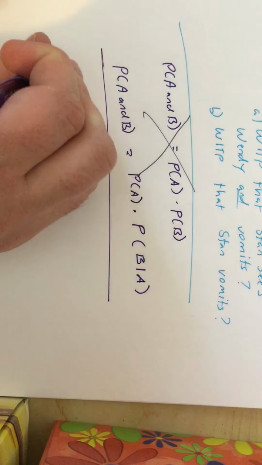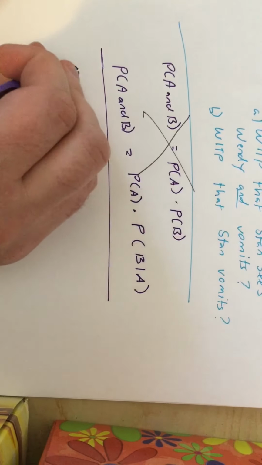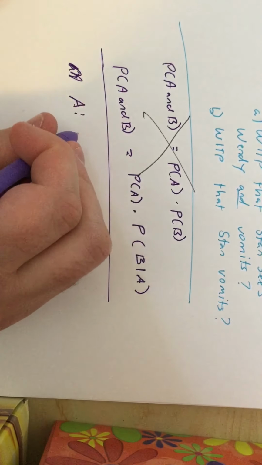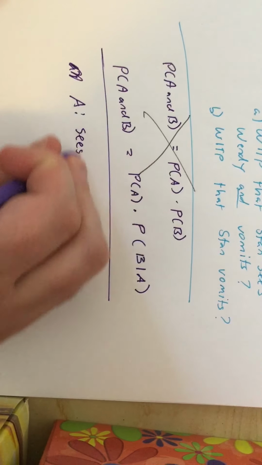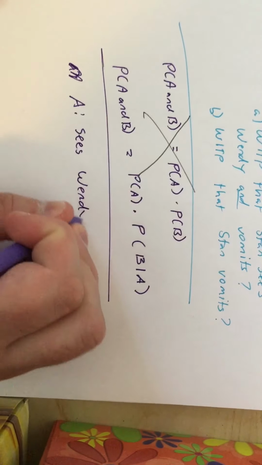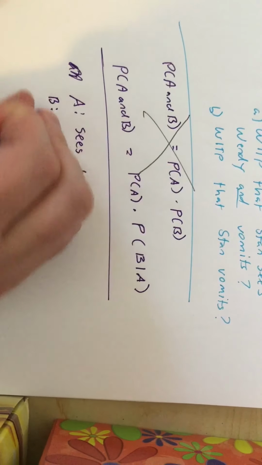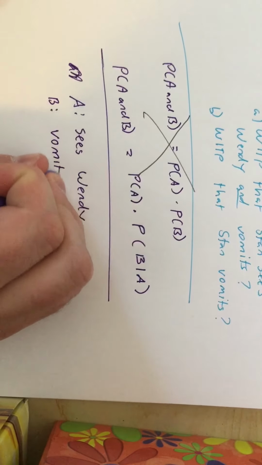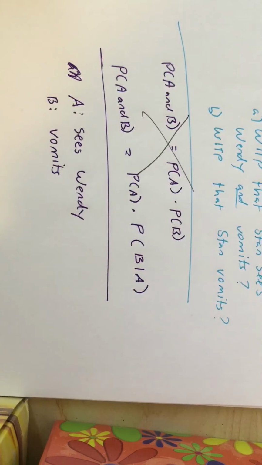So what do we have? We know that A is going to be that he sees Wendy. So that's going to be event A. And event B is going to be that he vomits. As a side, what am I looking for here?